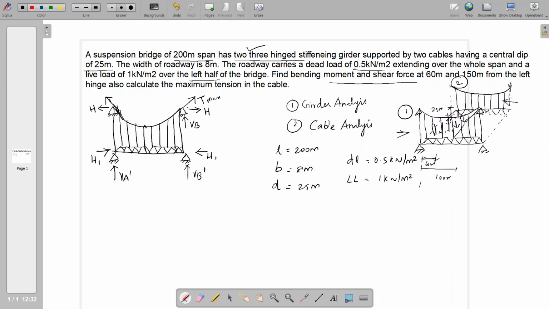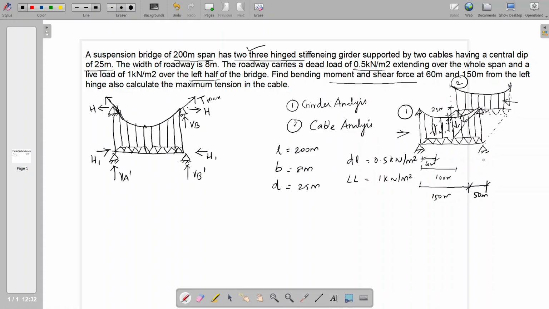and if it is 150 it crosses the midpoint, 150 meter, or it can be considered 50 meter from the right side because it is a three-hinged stiffening girder which is parabolic in profile.